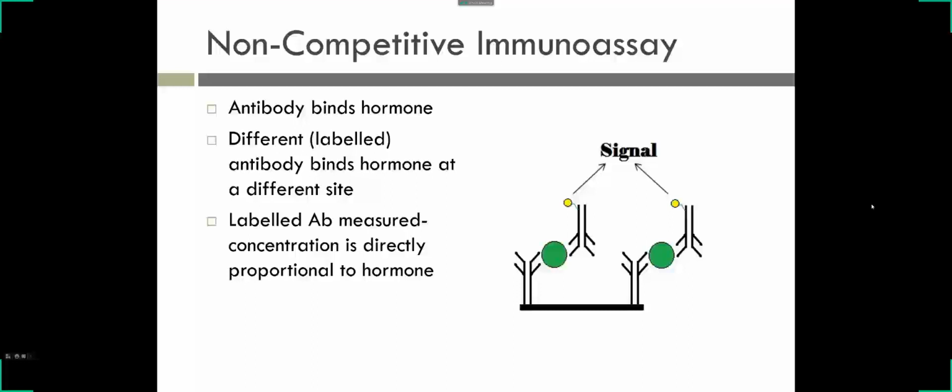And then this binds the hormone at a different site. Then you can measure directly the amount of antibody that's bound to the hormone of interest. The signal that you get is then directly proportional to the amount of hormone available. And again, you can run standards.